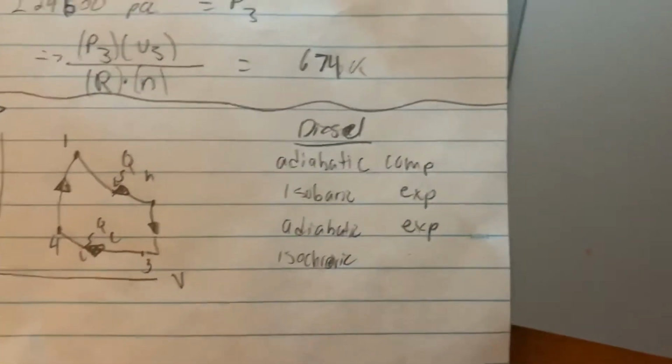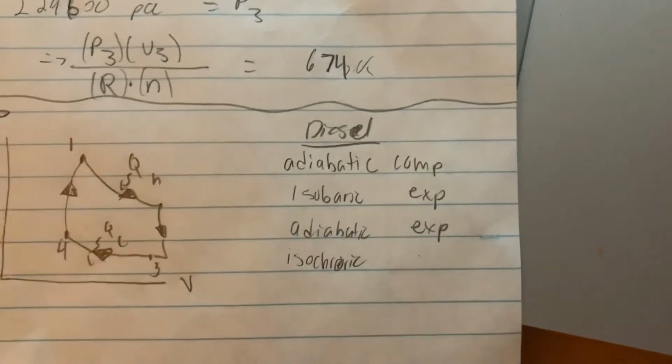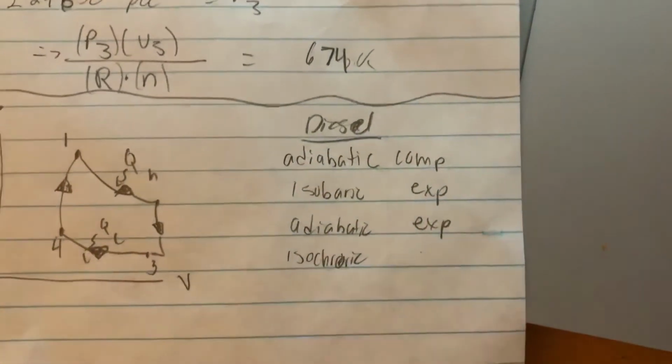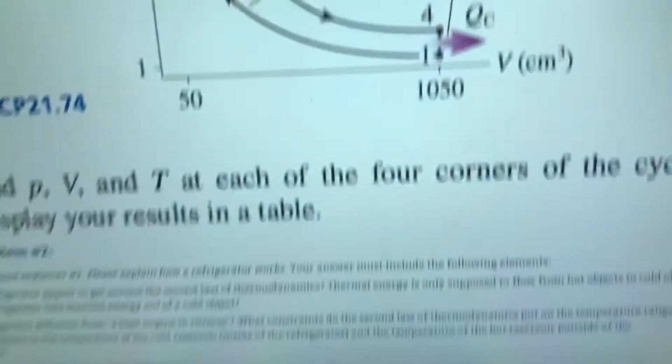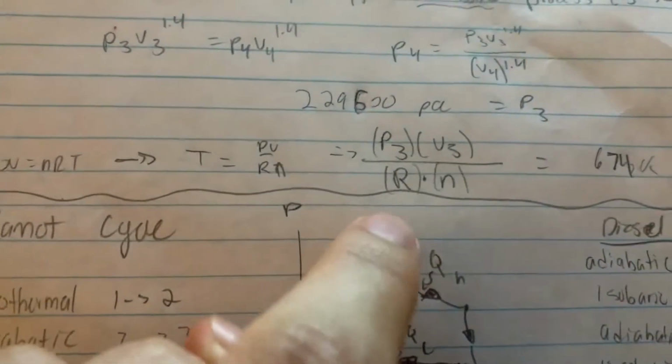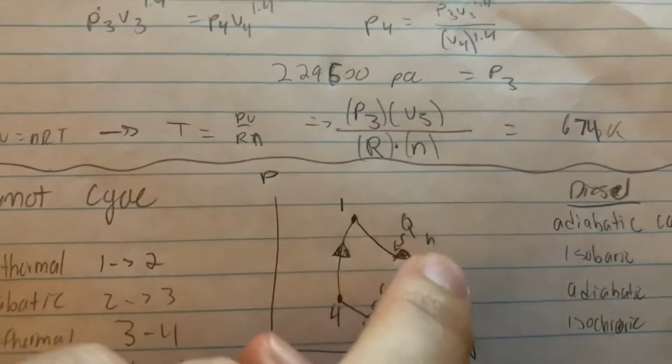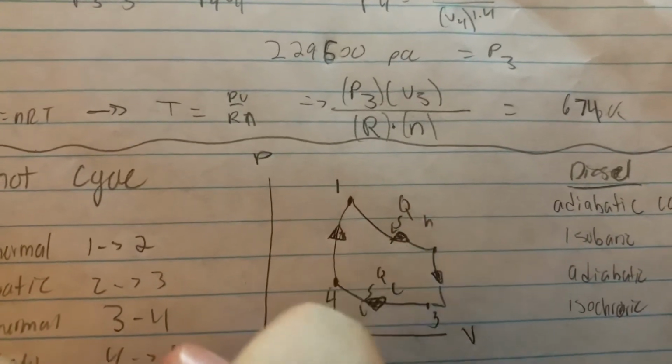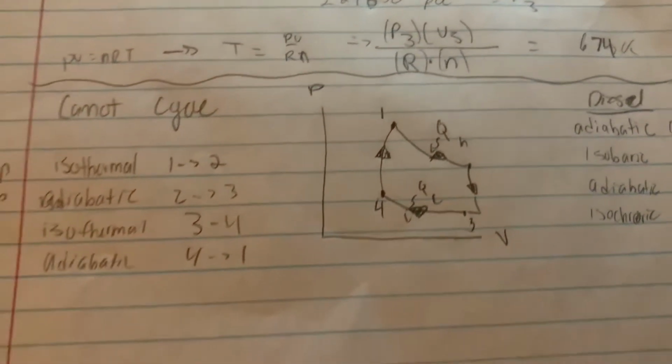You're just doing an adiabatic compression, an isobaric expansion, an adiabatic expansion, and then an isochoric process, which is constant volume. So those are the differences. They might look similar, but they're not. The heat intake is coming in at the top, from 2 to 3, and then it's leaving from 4 to 1.